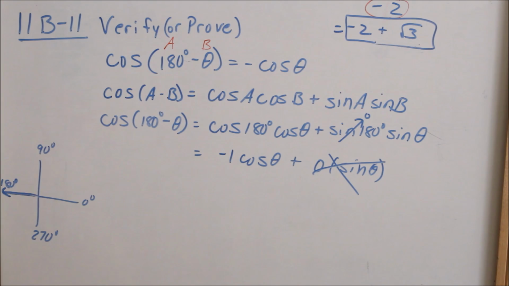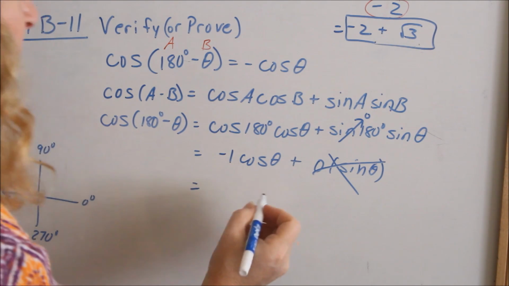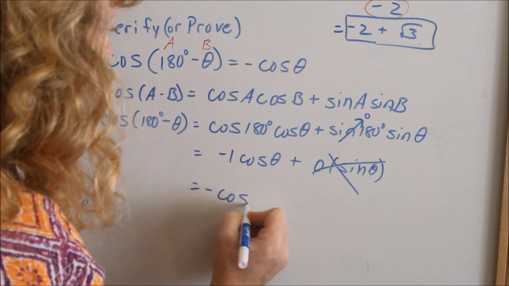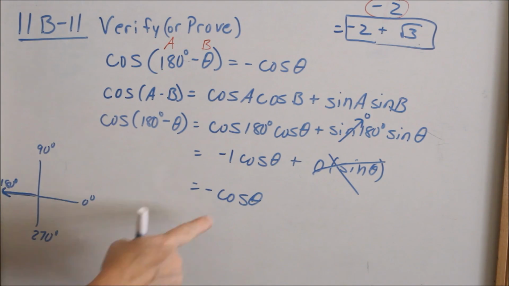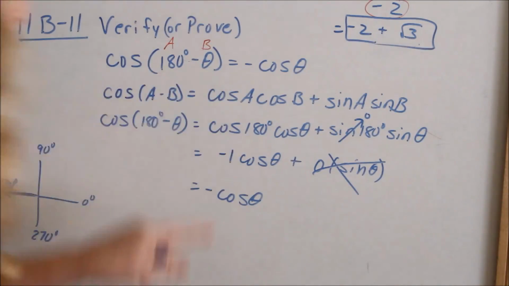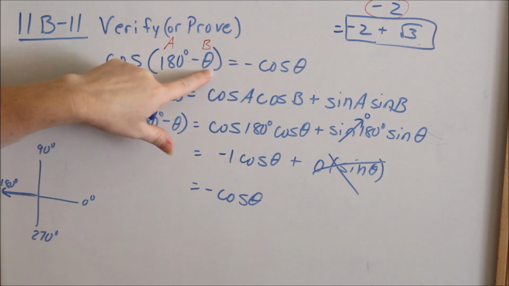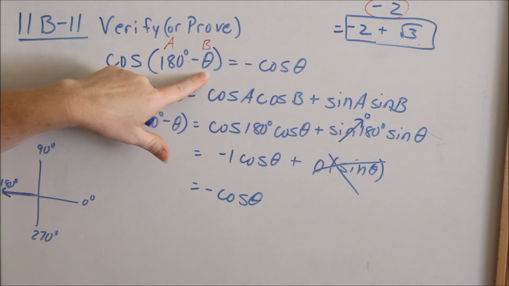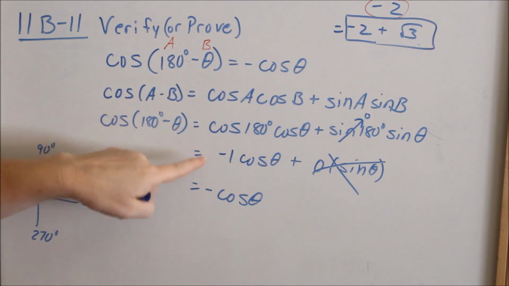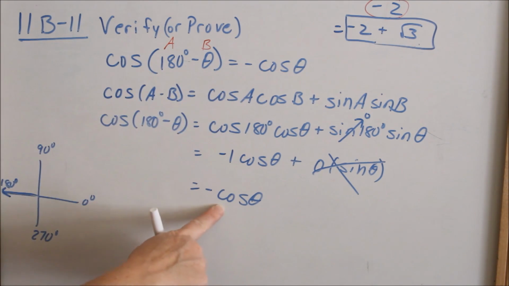So that whole term goes away. And so you end up with -1 times cosine of theta, which is negative cosine of theta. And that's what they were wanting you to prove up here. You have to use the difference identity for cosine to go through and prove that it does equal that.